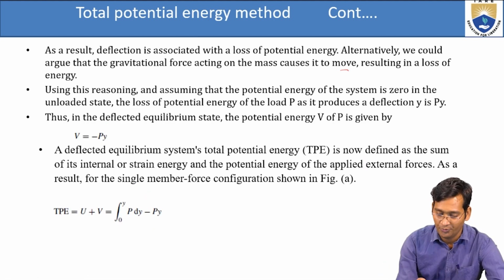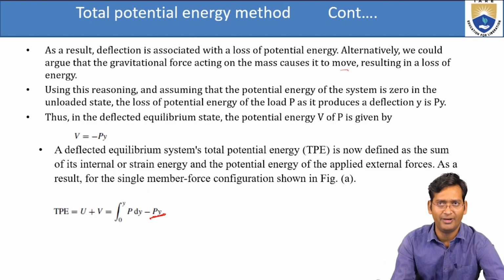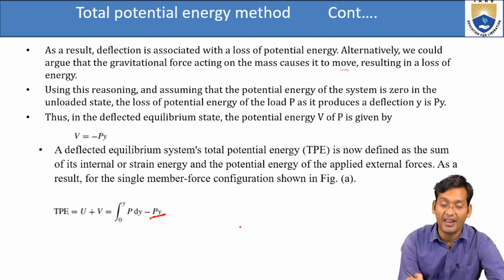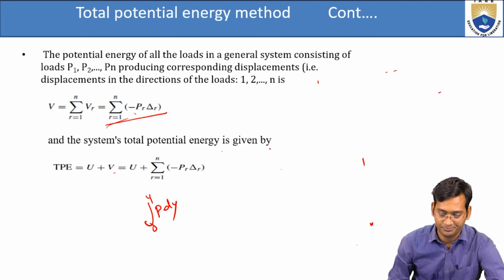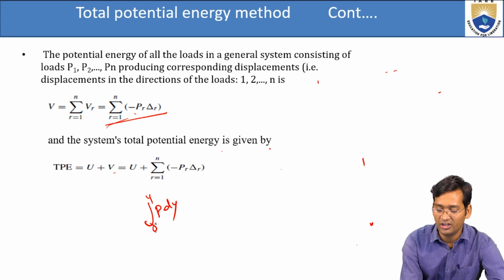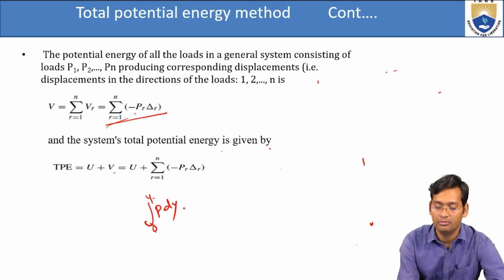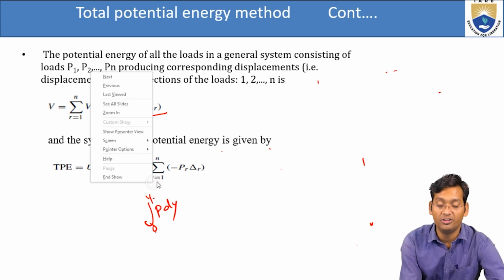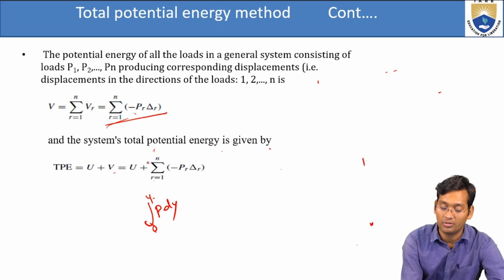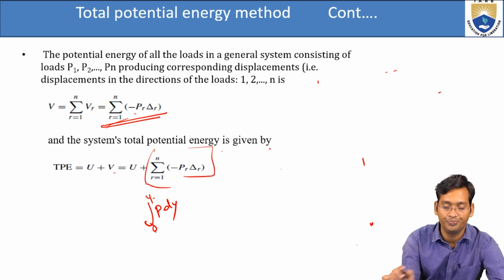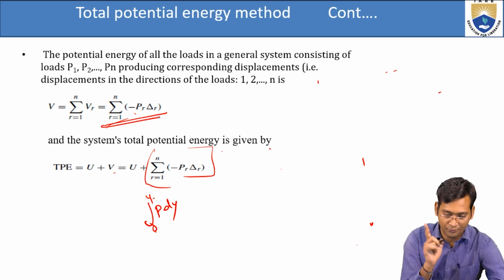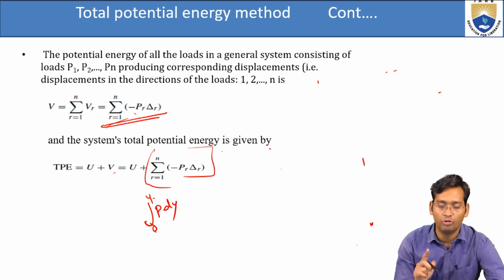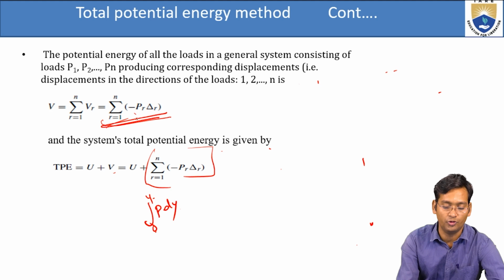The earlier one was for one particular load, where a load P is acting somewhere. But when many loads are acting on the system, the internal or strain energy will be the same, so again the integral of P dy will be there, but the potential energy because of the loads will be the sum of all these values. So the previous V was for one load, and this is for n number of loads. So the total will be U plus V again.